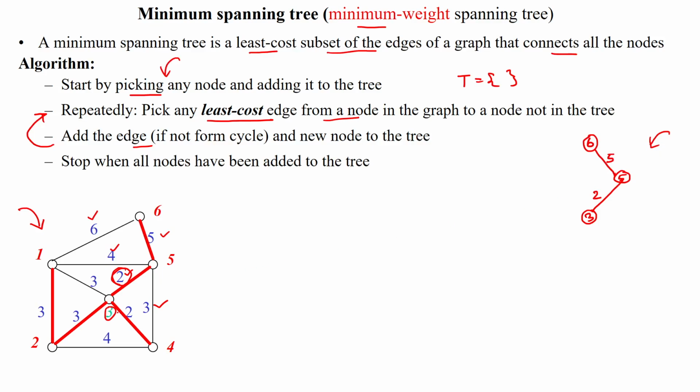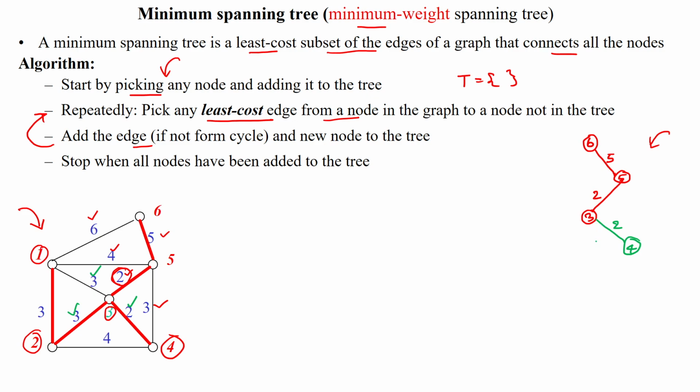Then we will check the other vertices reachable from 3. Here 4 is available, and 1 and 2. We have different values here, 3 and 2. The minimum cost is here, so we can select the edge with cost 2, which is reaching 4. Then again we check if there are any minimum cost edges.